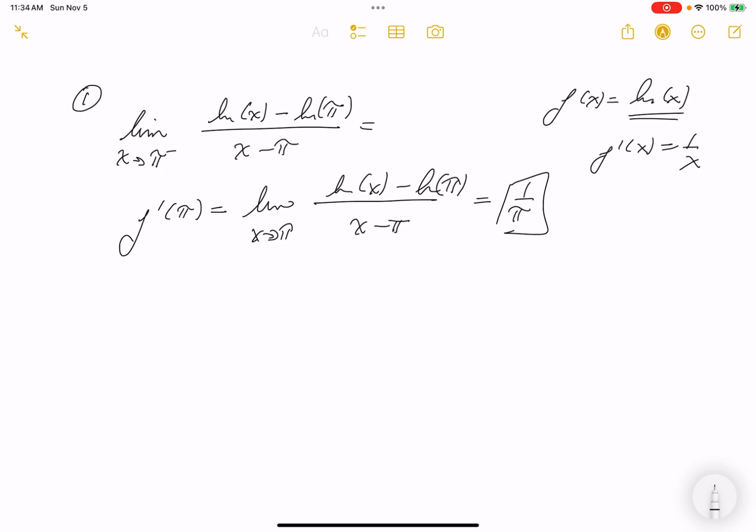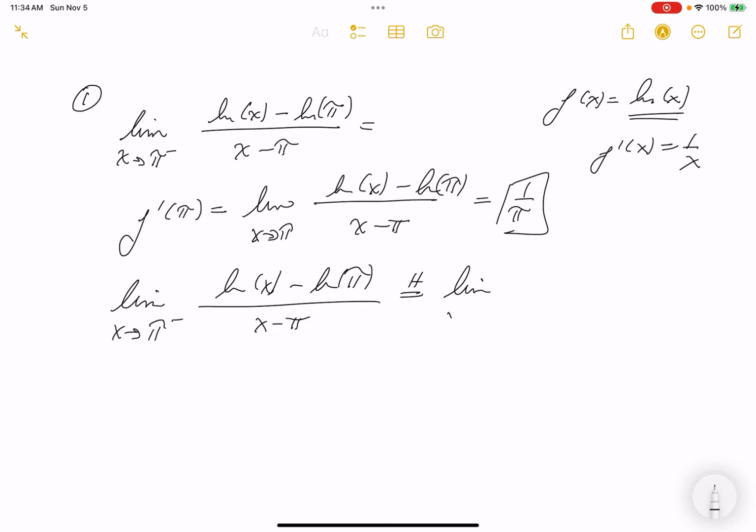What's the choice over there? It's choice B, and I'll go back to the key in a moment. The other way of doing it is by using L'Hopital's rule. The limit as x goes to pi from the left of natural log of x minus natural log of pi over x minus pi, and the limit at the top and the bottom is simultaneously 0.